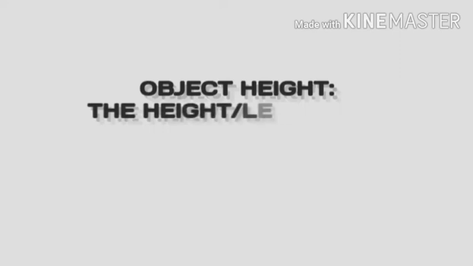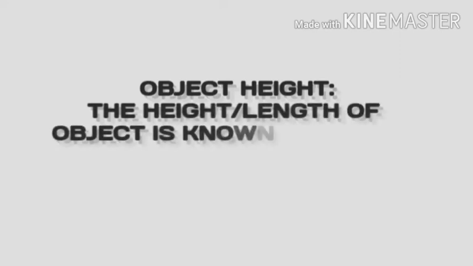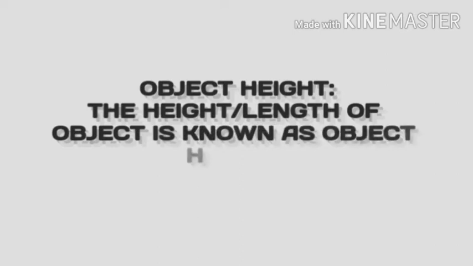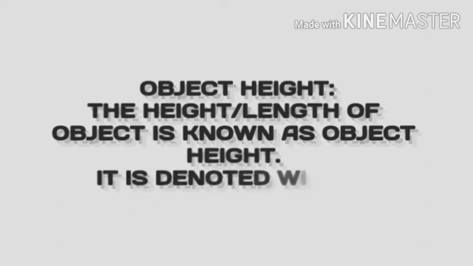Along with these two measurements, the object distance u and the image distance v, we have to consider two more measurements in the case of a spherical mirror. One is the object height, that is the height of the object which we are considering in front of the mirror.